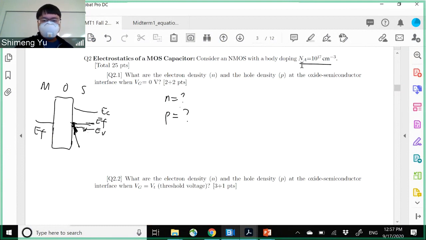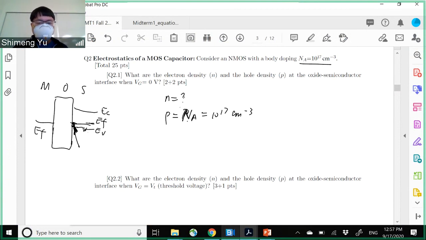So P should be the same as Na, right? Because here we are in the equilibrium state. We didn't change anything in the silicon. So it should be as doped. So you have p-type doping 10 to the power 17, then the hole density will be the same, 10 to the power 17.